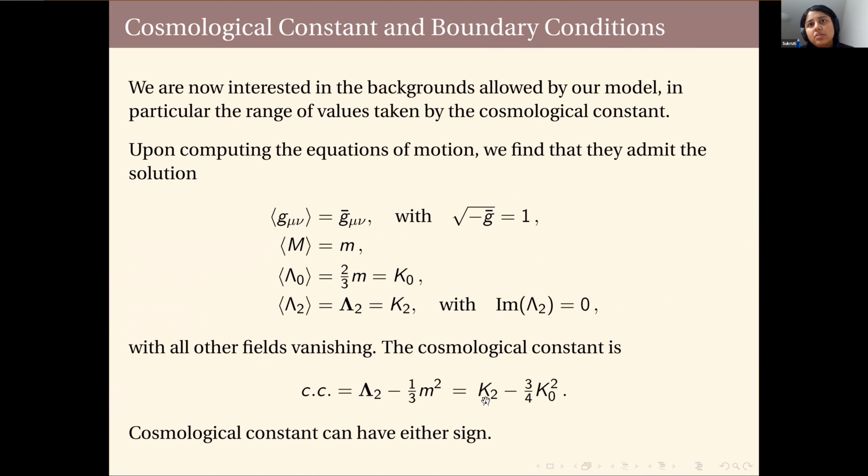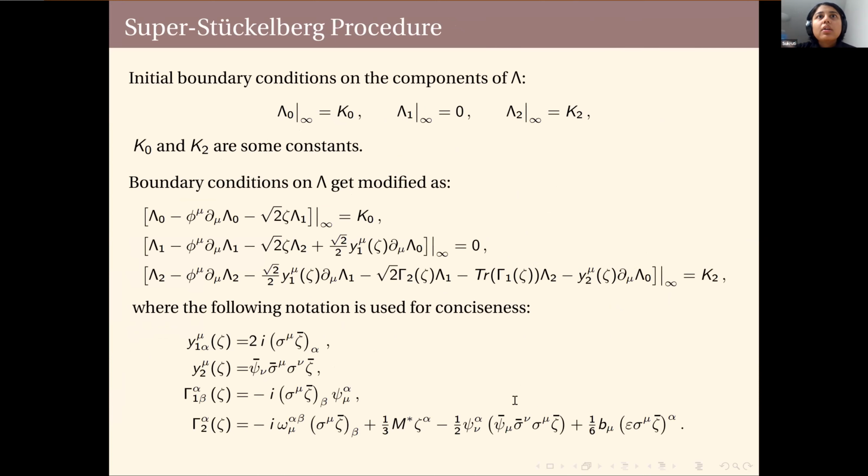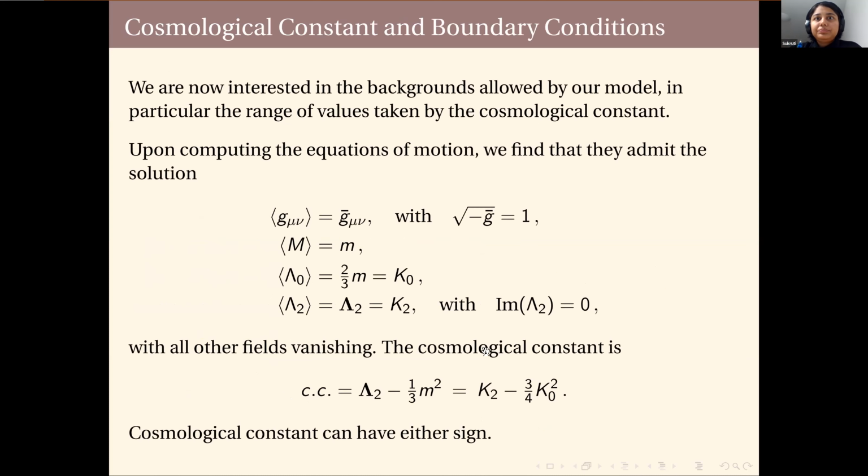And these constants here, K2 and K0, they first appear in the boundary conditions for the components of the Lagrange multiplier superfield. And then they come here. So they come out naturally. It's not a condition that you impose.